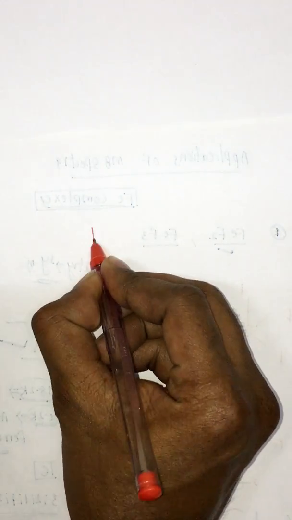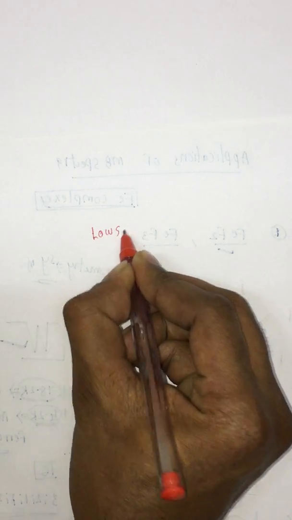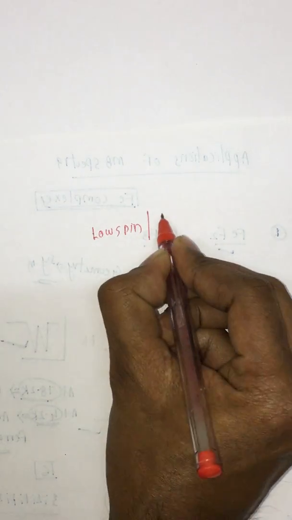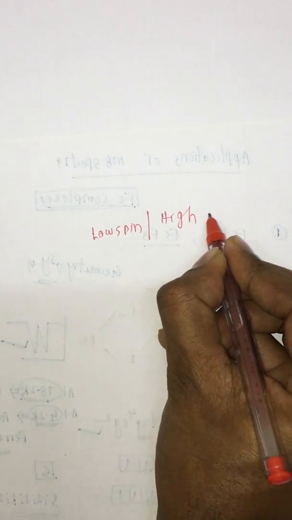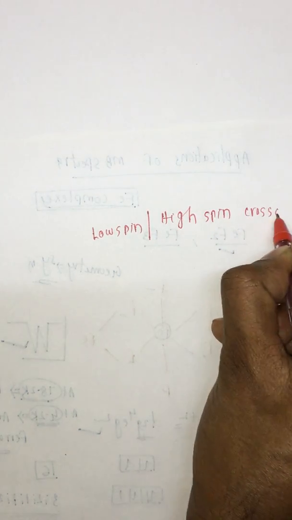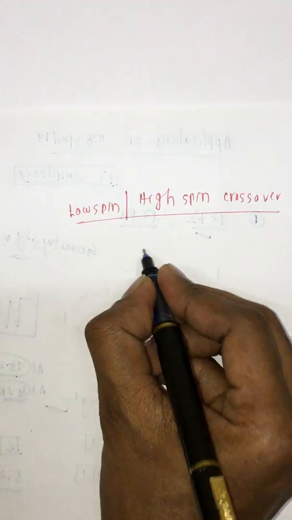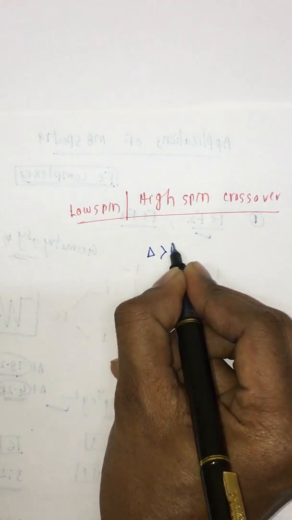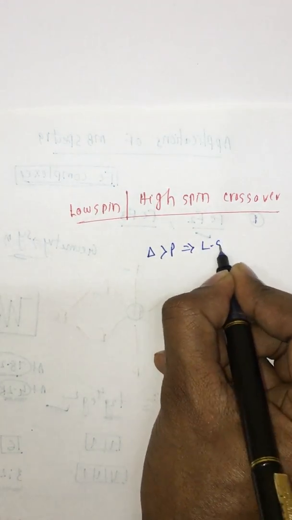And next we have low spin and high spin crossover. The high spin low spin crossover can be explained by Mossbauer spectra. So what is low spin? If delta is greater than pairing energy, that is low spin.